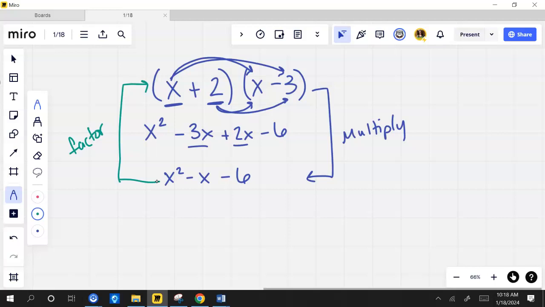There's no guessing. A lot of teachers teach you with a guess and check method. I hate the guess and check method. But there's a variety of ways you can learn to factor. If you do it the way I show you, it will always, always, always work for every quadratic, and it goes in the reverse order of the FOIL.